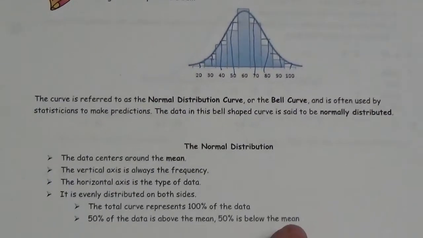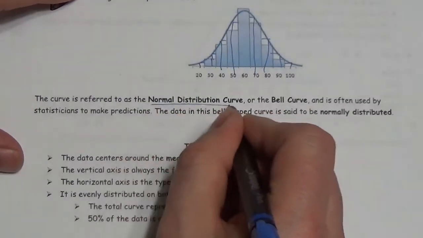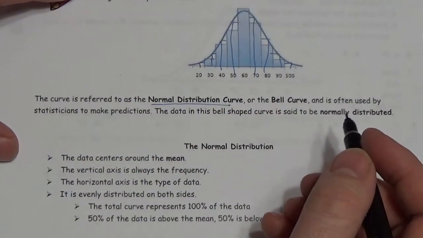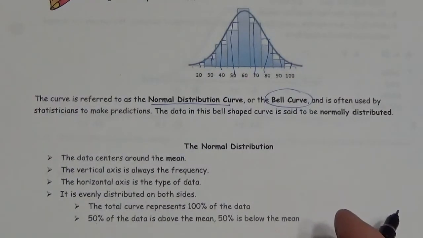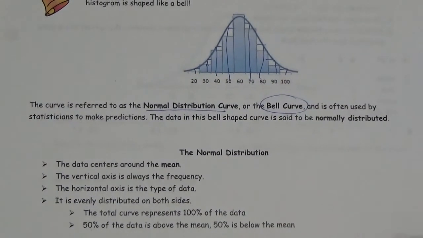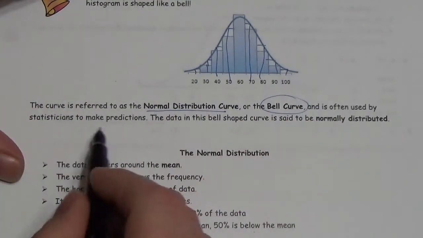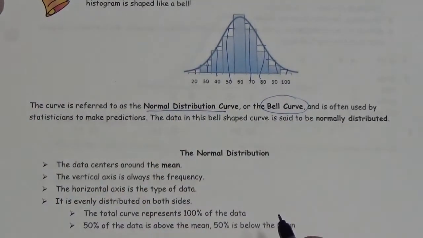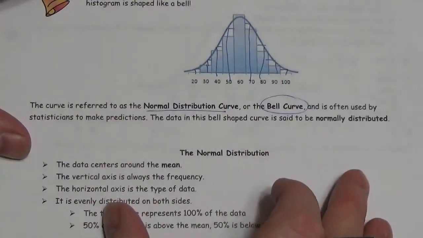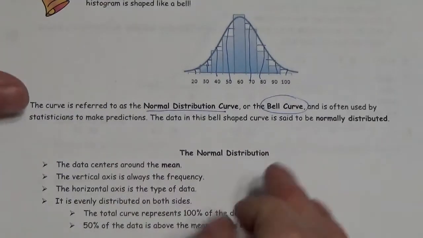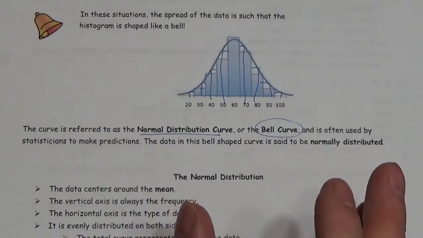Now, this is where you've probably heard this before. This is referred to as the normal distribution curve. Maybe you haven't heard that one, but you've probably heard of the bell curve. That just gets thrown around a lot. And it's often used, like it says here, for statisticians to make predictions. It's got this beautifully predictable curve, and what's really amazing about it is it almost doesn't matter what sort of statistic you're taking.